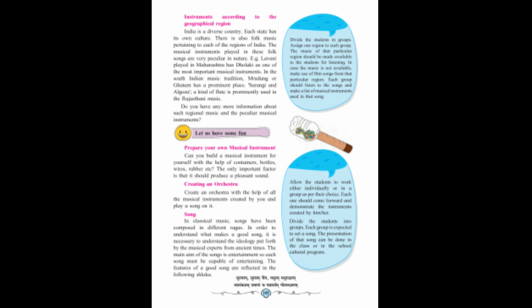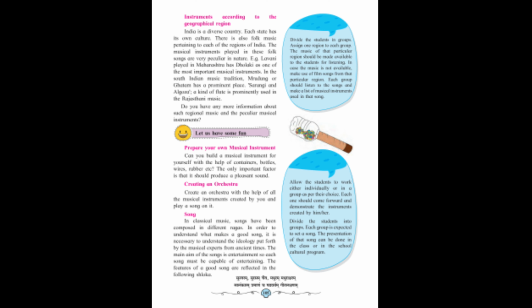In the South Indian music tradition, mridangam or ghatam has a prominent place. Sarangi and algoza, a kind of flute, are prominently used in Rajasthani music. So this is about the diversity in India. Different states follow different music or different dance styles, so the instruments used by the different states are different.